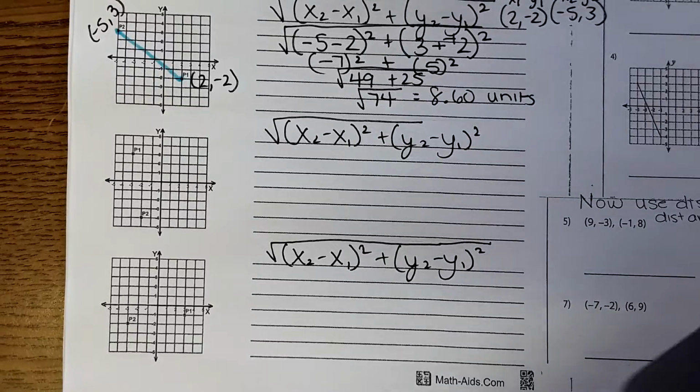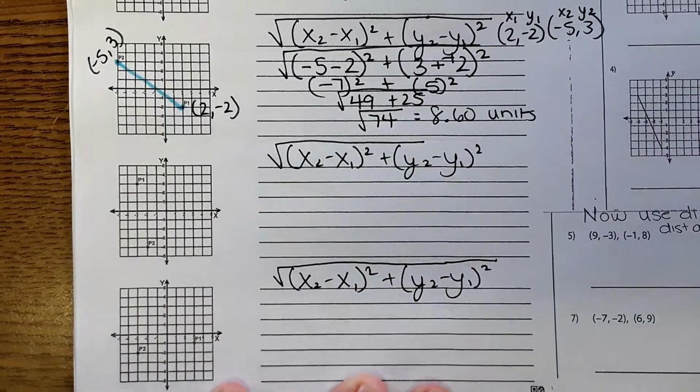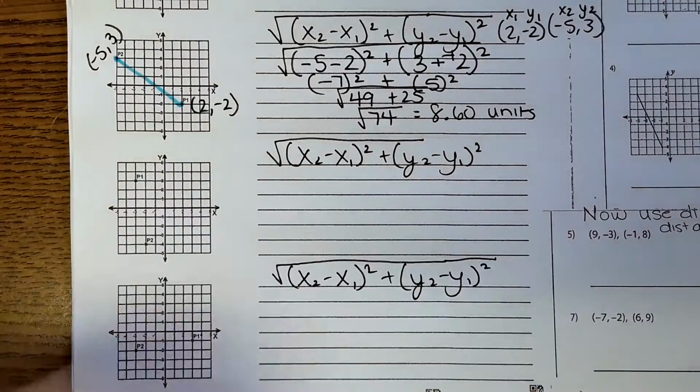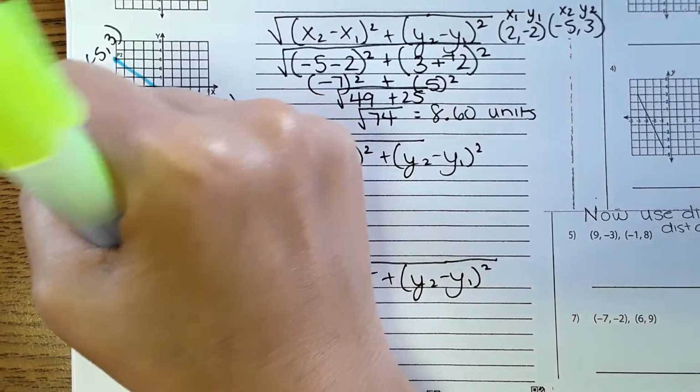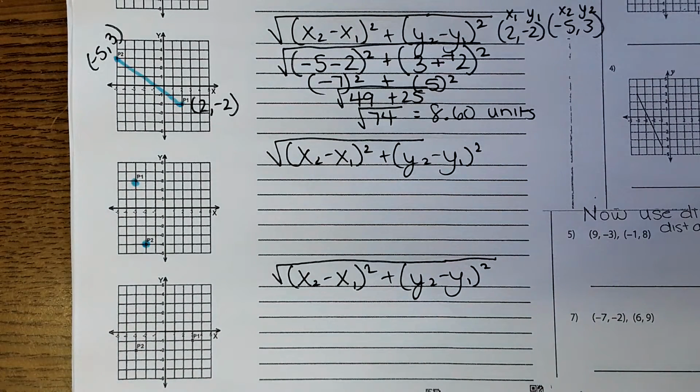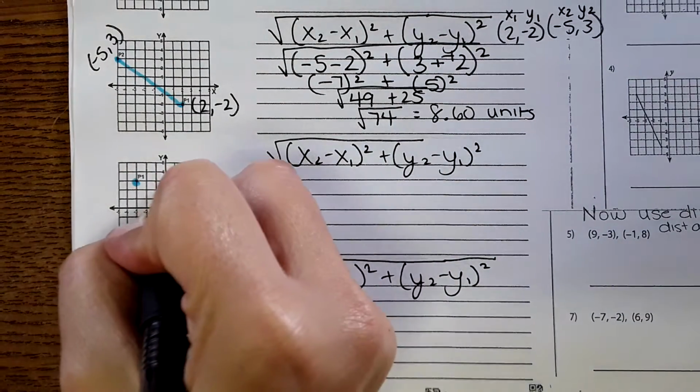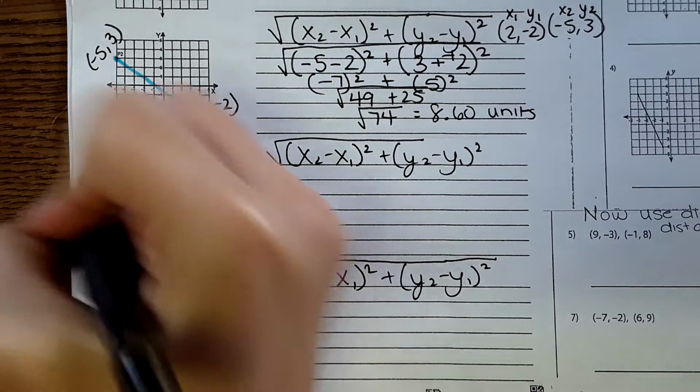Okay, next example. Move this down. Okay, so start by identifying your points. Point 1 and point 2. Point 1 is at negative 3, 3.